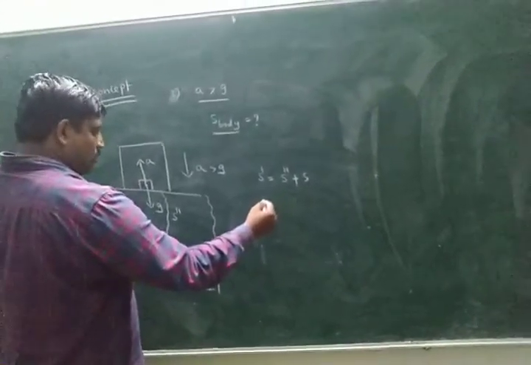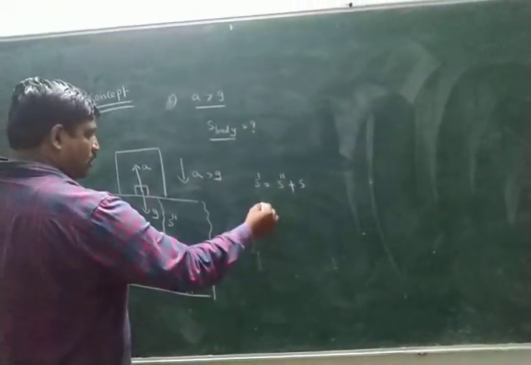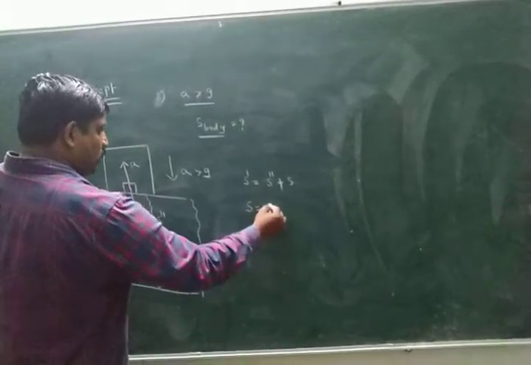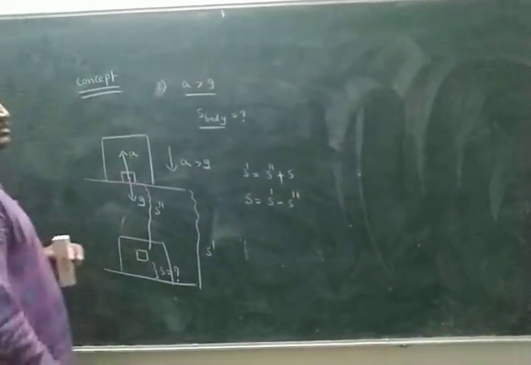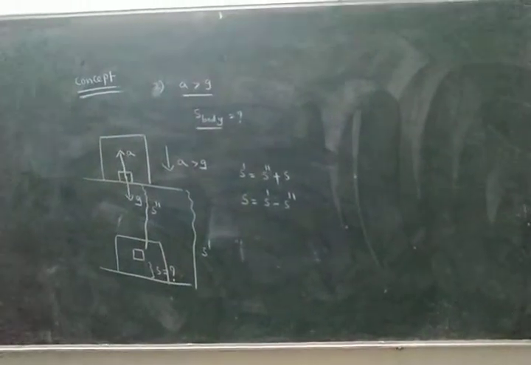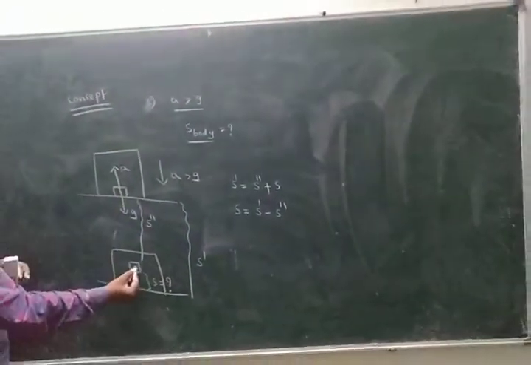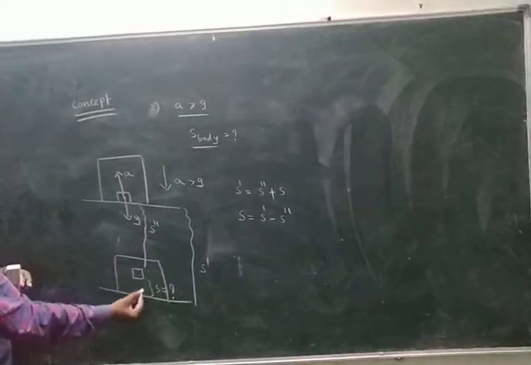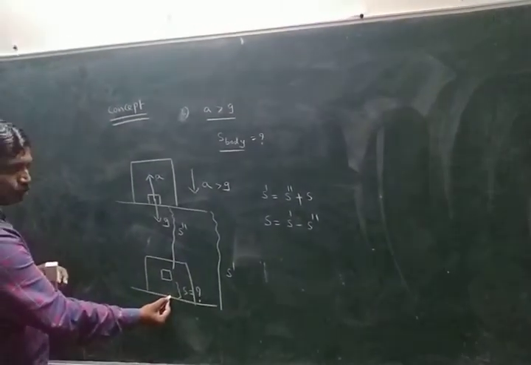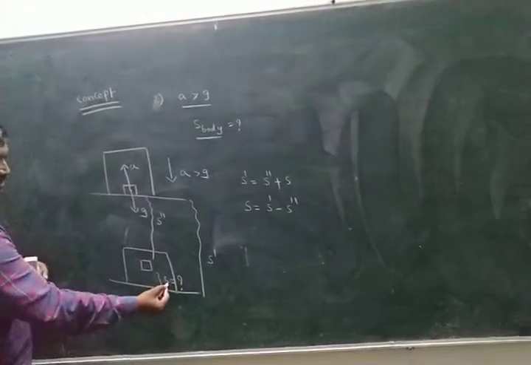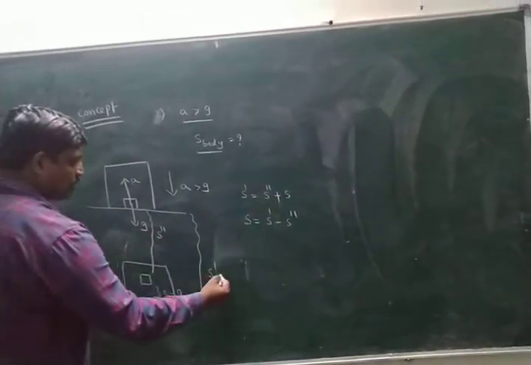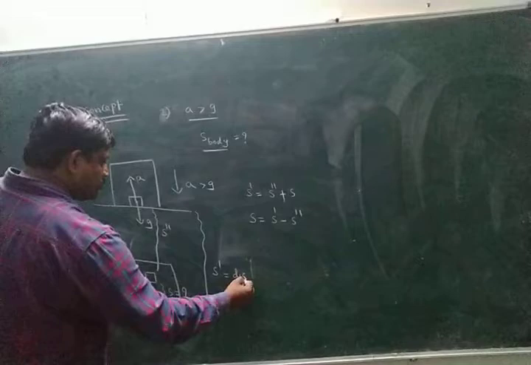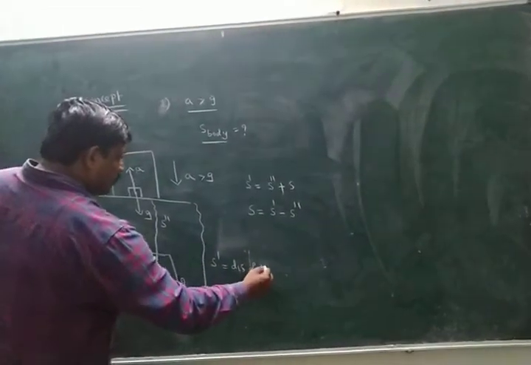We need to find S, so S equals S dash minus S double dash. Here we determine the displacement of the body with respect to the floor. This is S, and it can be determined. Here S dash indicates the displacement of the lift.